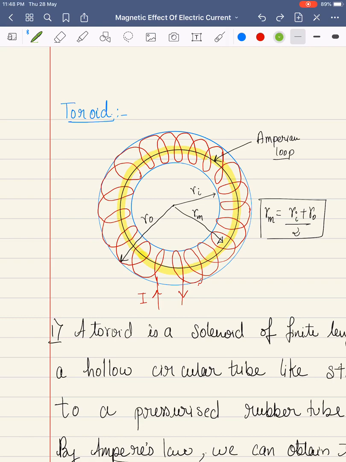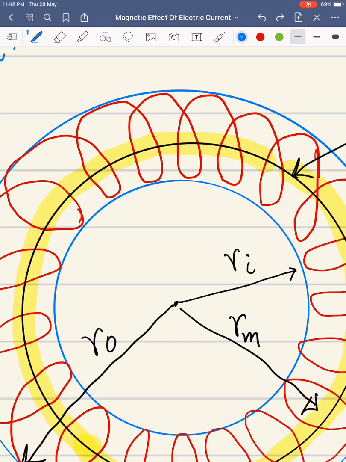Suppose you cut this donut vertically. Consider this toroid is your donut. If you cut it vertically, let's say one of the points is A and the second point is B. So the magnetic field at point A and point B will vary. The magnetic field will not remain constant.